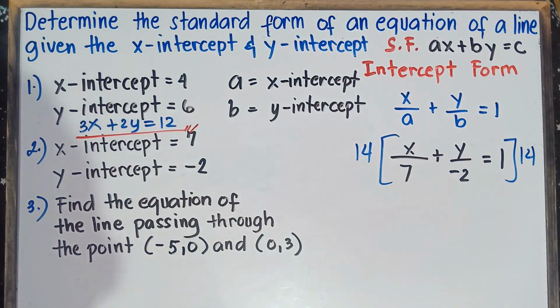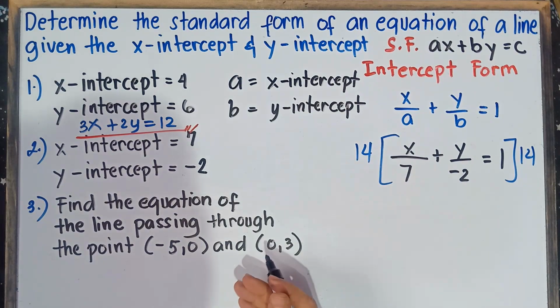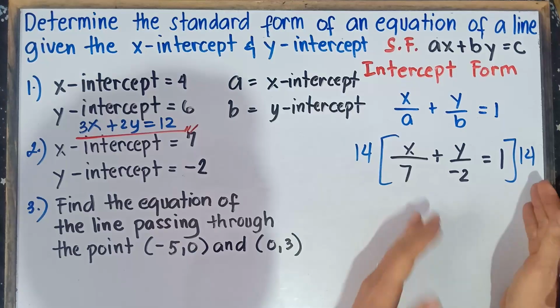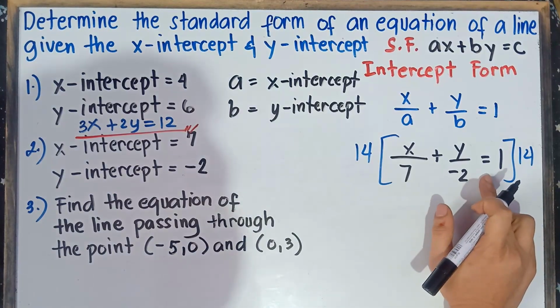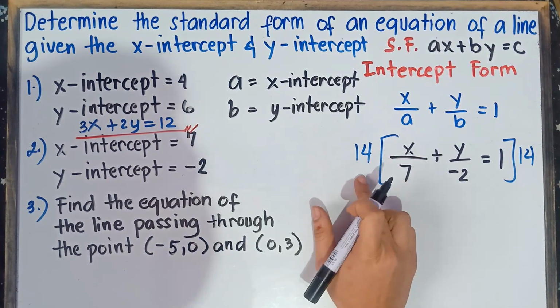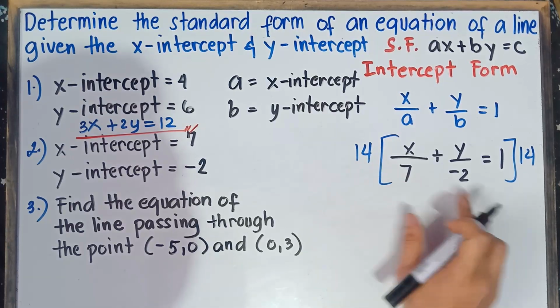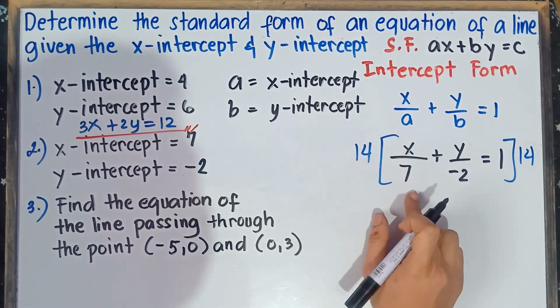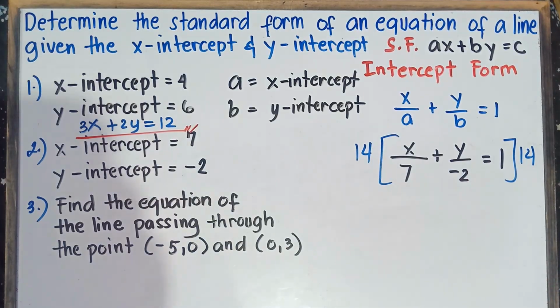Once you find the LCM, you multiply the LCM left and right in this equal sign.